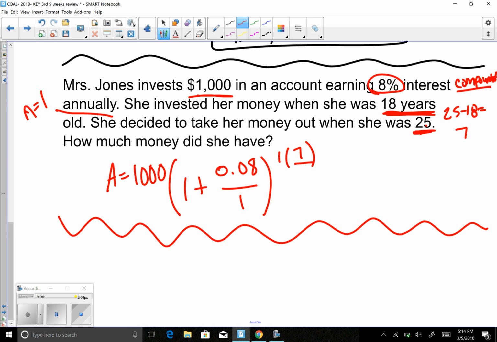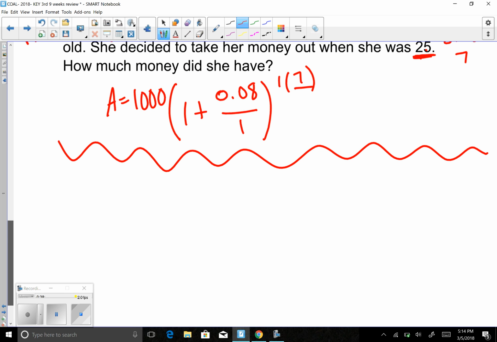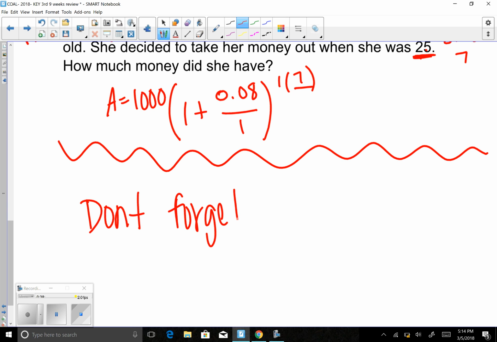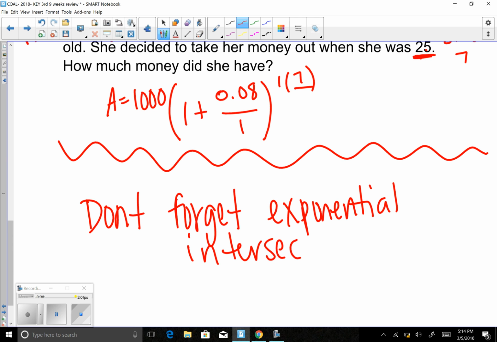One more thing too that is not on this review sheet that I think is pretty beneficial. Don't forget exponential intersections. While I'm here, I can just write this out real quick.